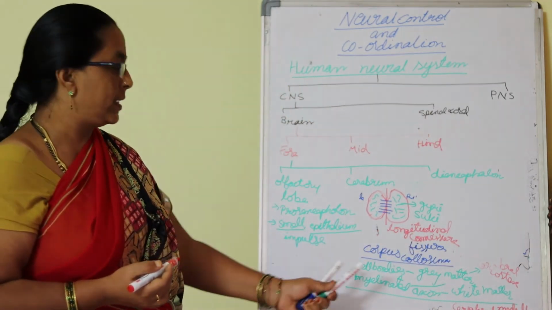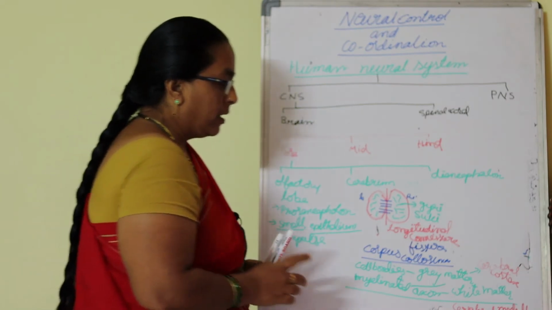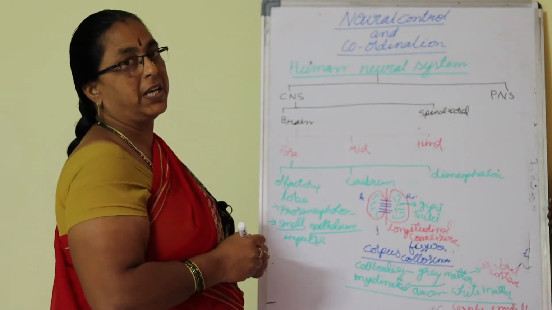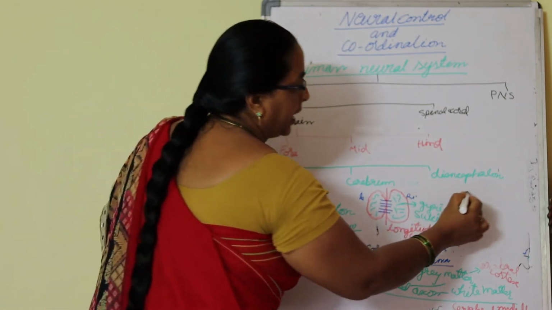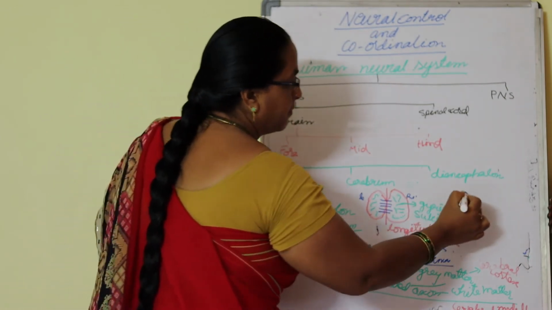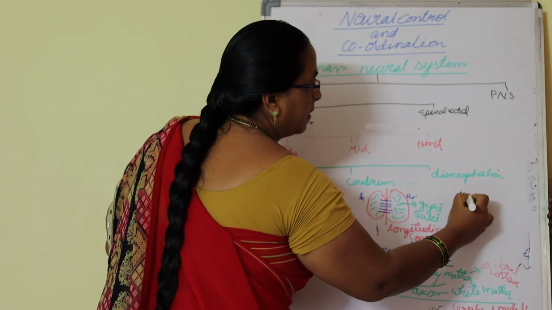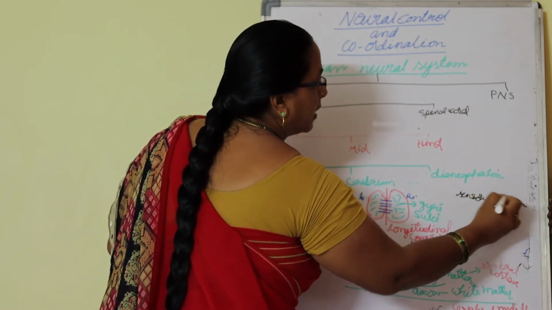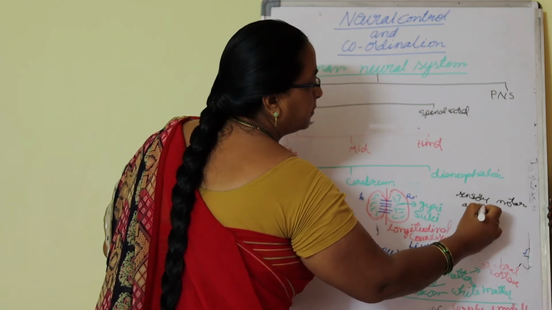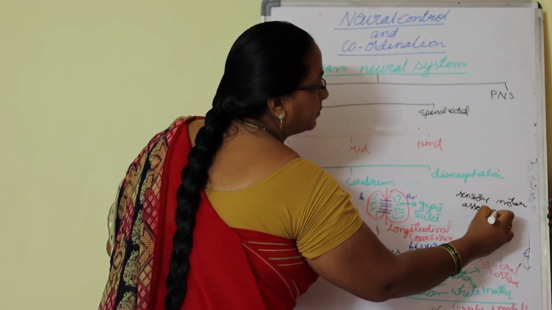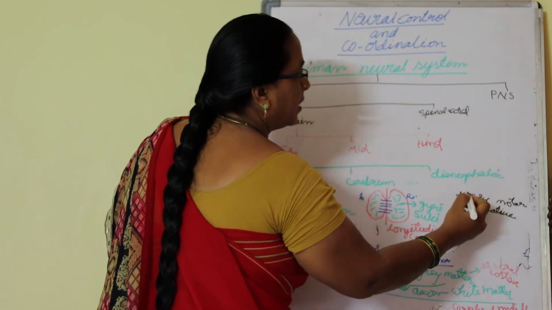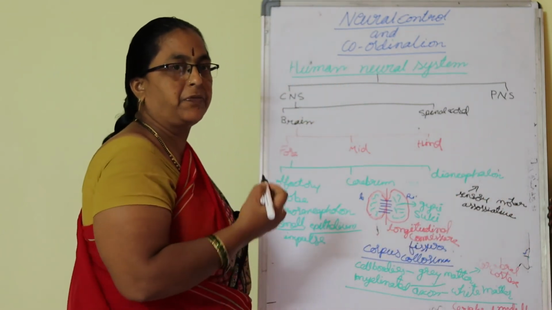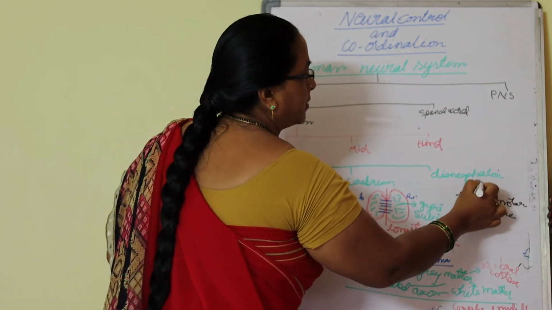Cerebral cortex and cerebral medulla. Here these hemispheres are functionally divided into three areas: sensory, motor and associative. Sensory is responsible for carrying stimulus from sense organs to the brain.